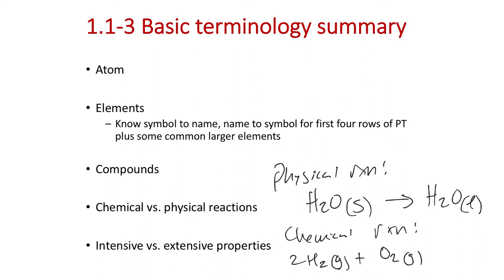It could be the same type, like 2 hydrogens, H2 is a molecule, O2 is a molecule. H2 is not an atom. H2 is comprised of 2 atoms. And these can react together to form 2 water molecules. Let's actually leave water, it doesn't matter so much. I'm going to write water as a gas.